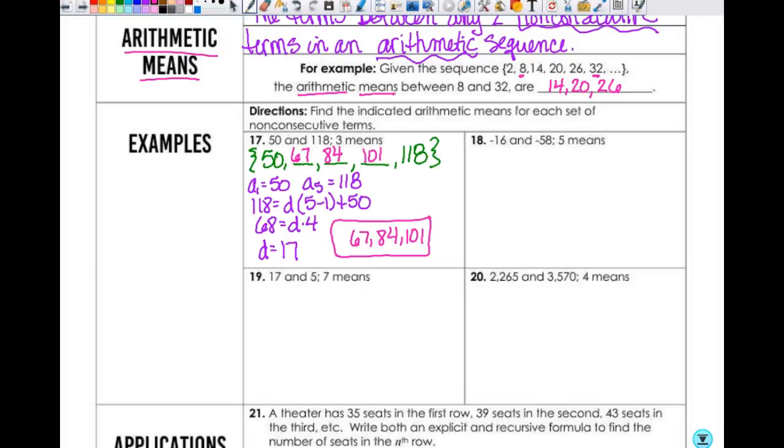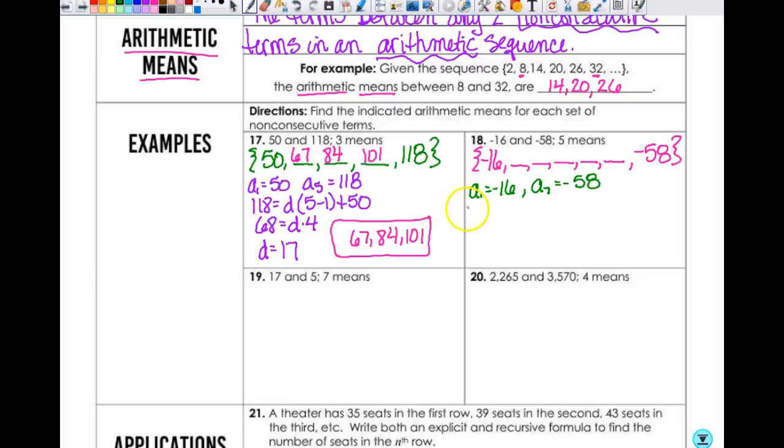Let's try 18. I want 5 means here. Starting with negative 16, I need 1, 2, 3, 4, 5, and then negative 58. So I start with A1 is equal to negative 16. 1, 2, 3, 4, 5, 6, 7. A7 is negative 58.